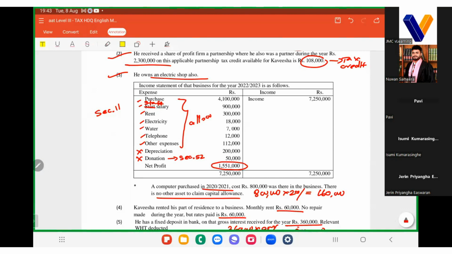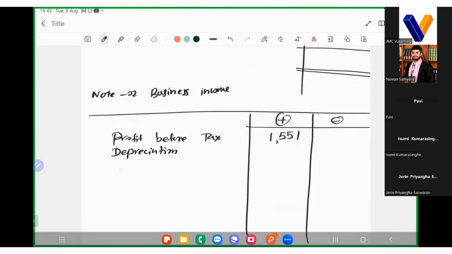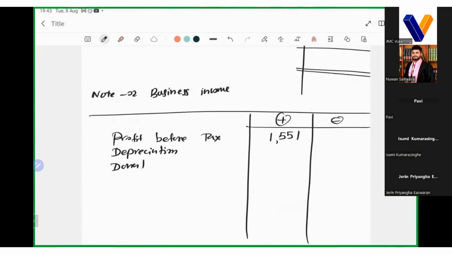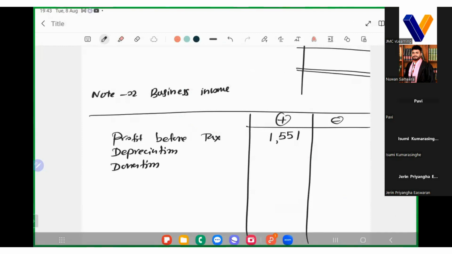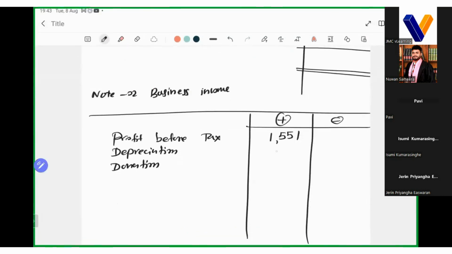So the other ones are the depreciation and donation. You have to add back the depreciation and the donation. Here depreciation is about 200,000 and 50,000 donation. So add all together.